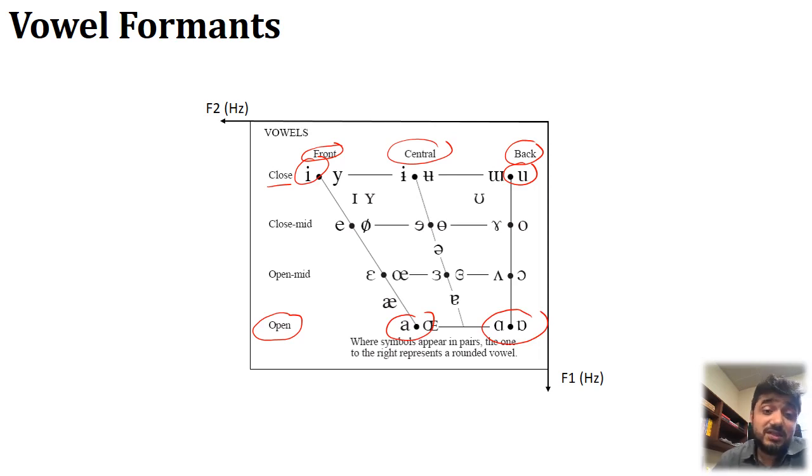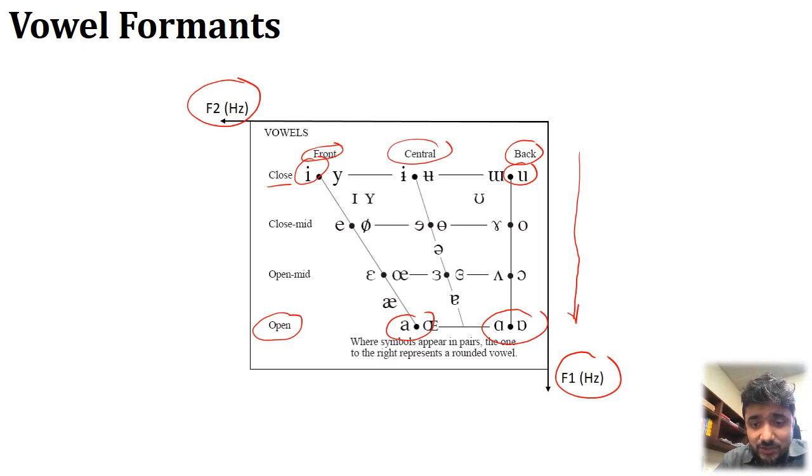The interesting correspondence that we have here is also with the F1 and the F2. So F1 is basically lower for smaller constrictions, for closer vowels, and F1 is higher for more open vowels.